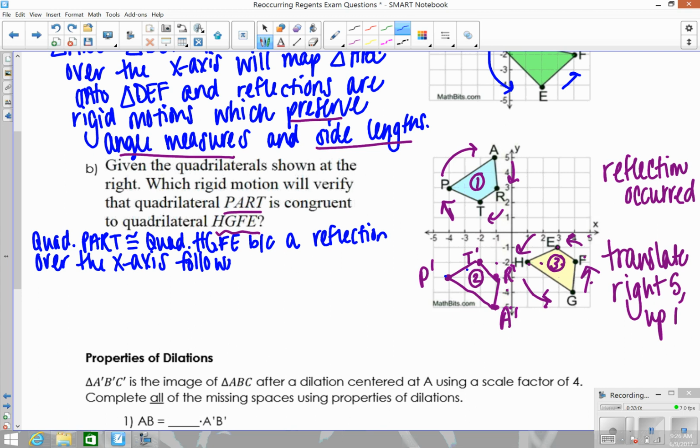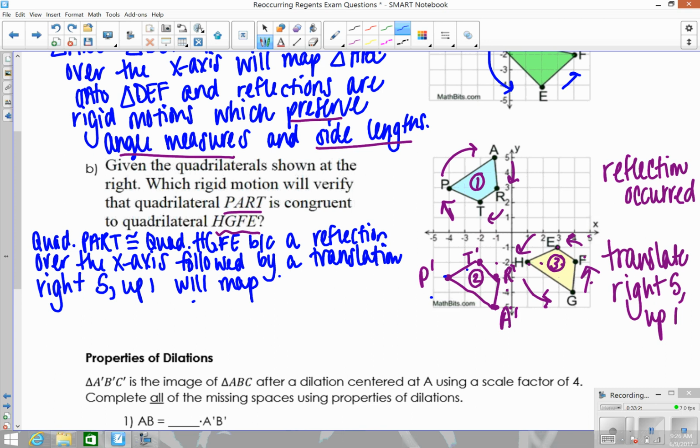followed by a translation right 5, up 1 will map quad P-A-R-T onto quad H-G-F-E.